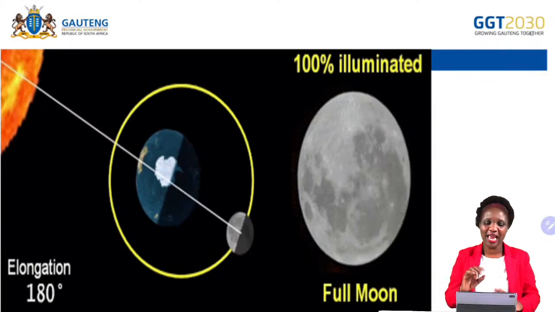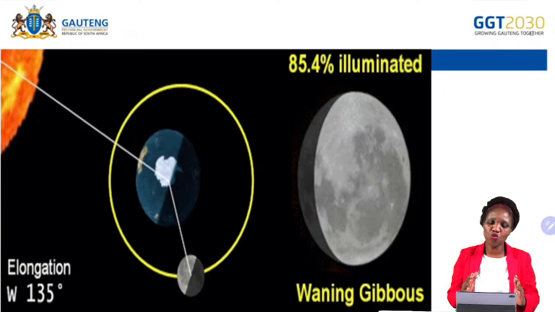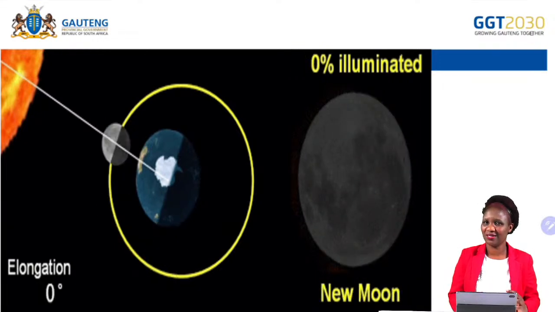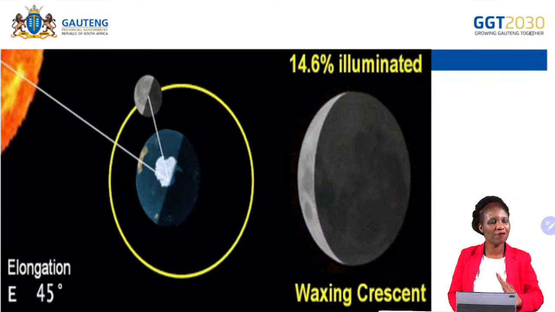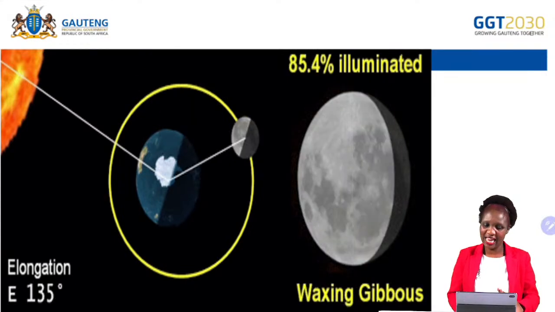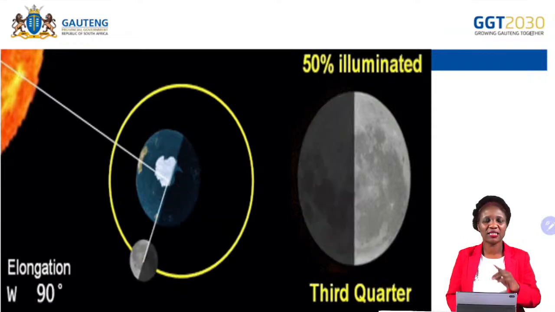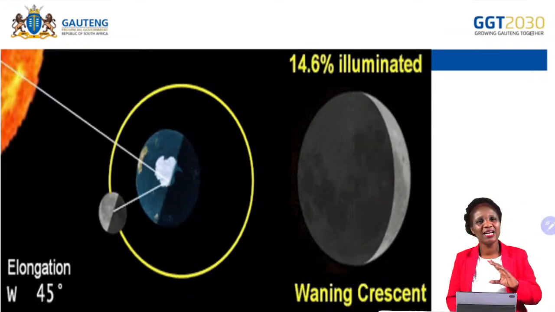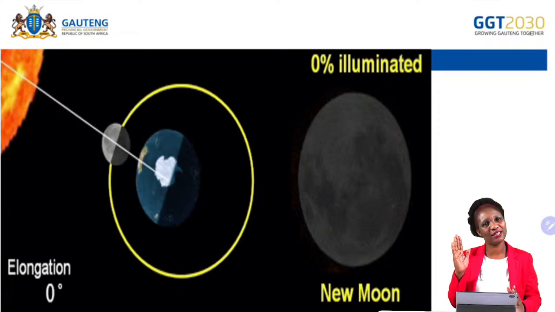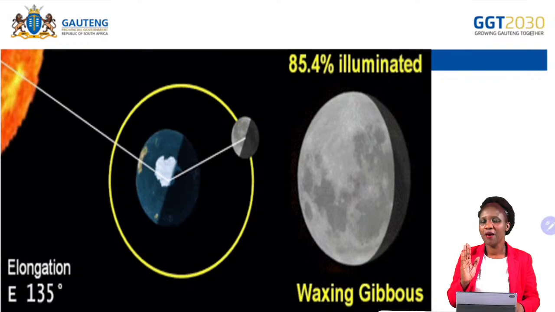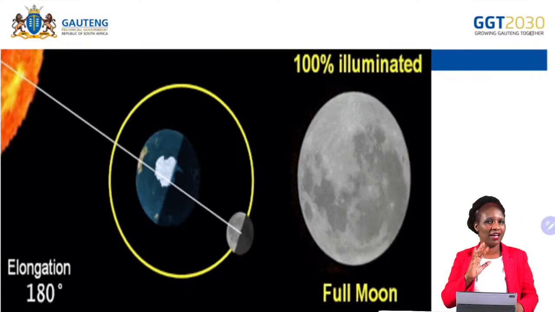Do you get it? And then, if the moon is illuminated, what's happening to it? It gets the light from the sun, and then we will see a what? We will see a full moon. But if the moon is in between the sun and the earth, it's going to block it. And then we are going to see what we call a new moon, because it will be dark. Okay?